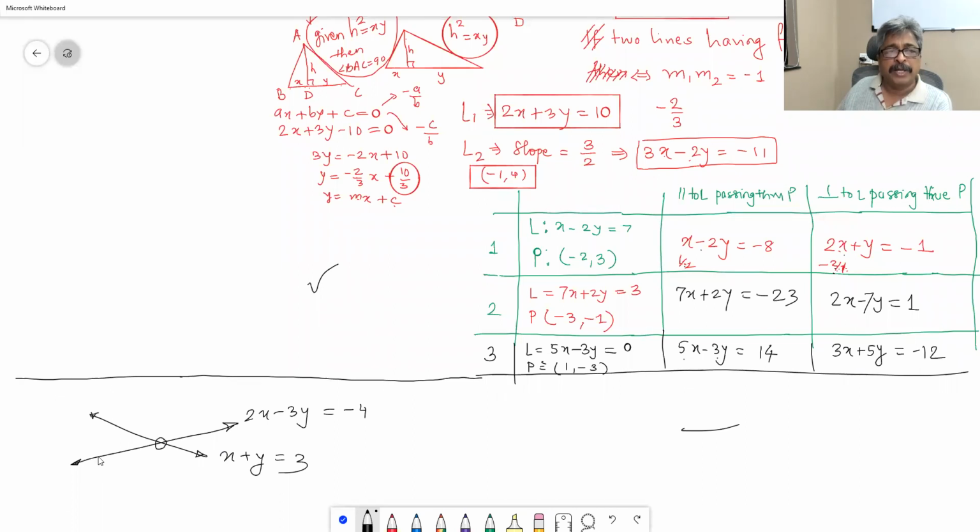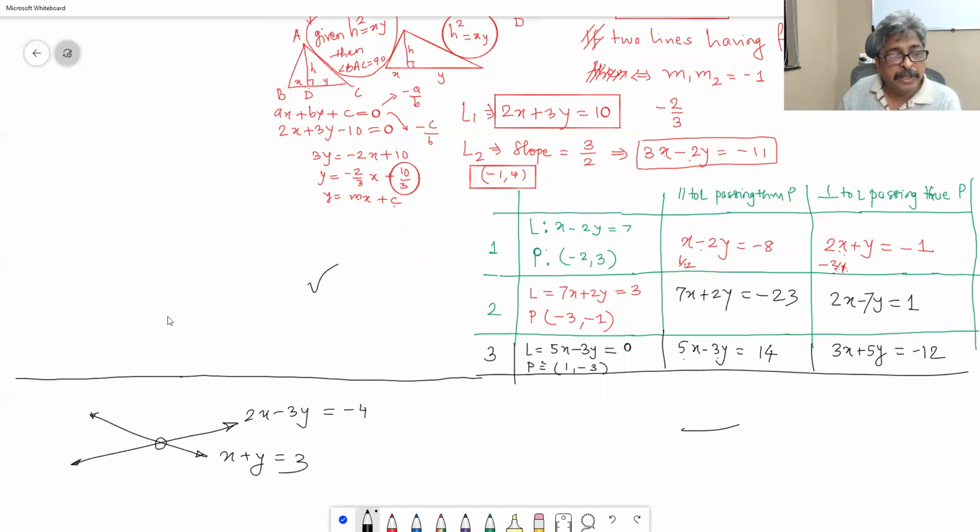Can I find out the coordinates of this point? What is the point of intersection?